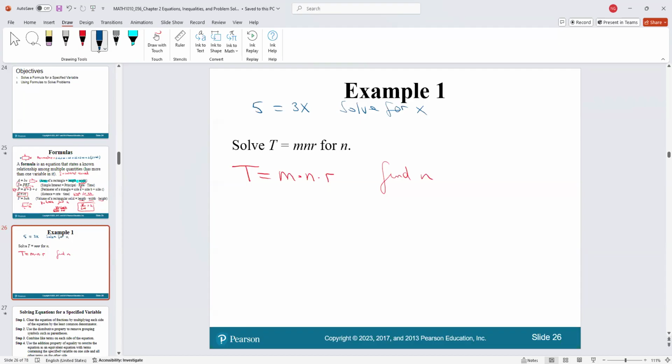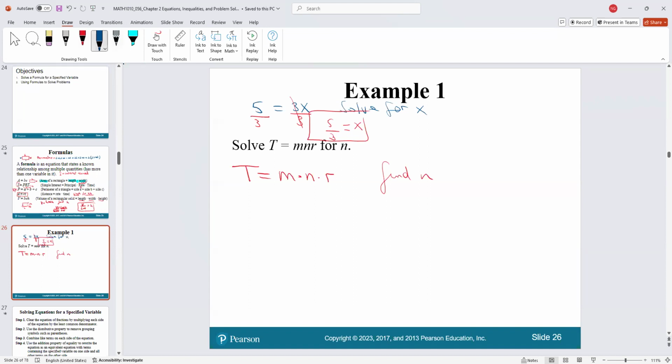Yes, you would divide both sides of your equation by 3 because you need to isolate the x term. So when you cancel this side, you have only x, and on the other side, you're going to have 5 over 3. So in order to solve for a variable, you need to isolate that variable.